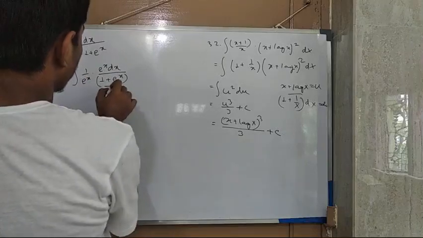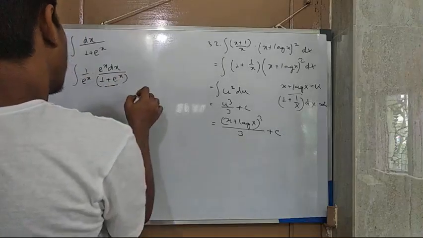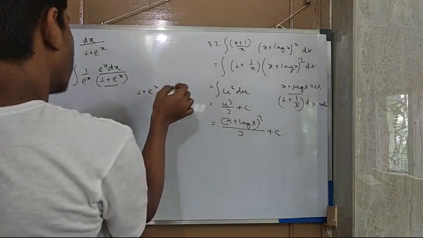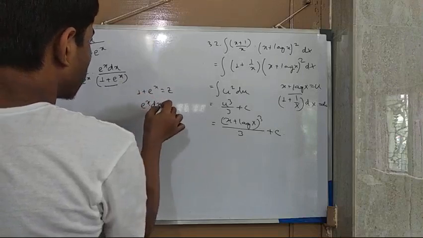Now you can just assume 1 plus e to the power x as z, so e to the power x dx is equal to dz.